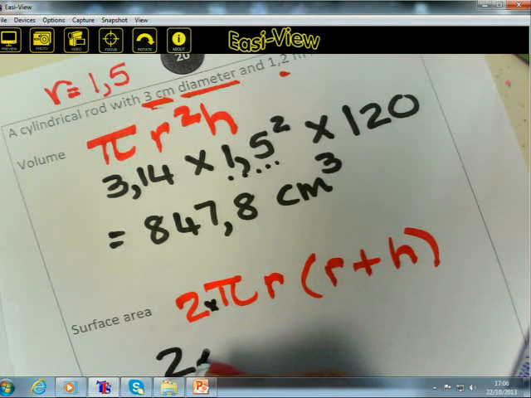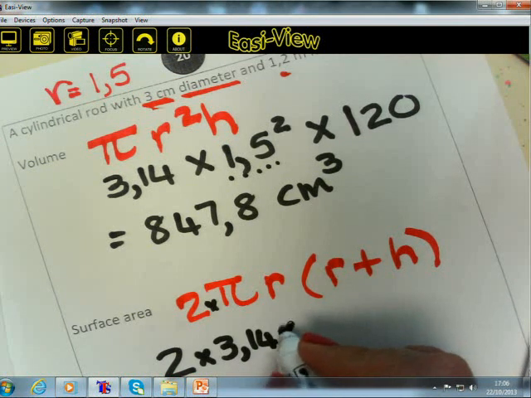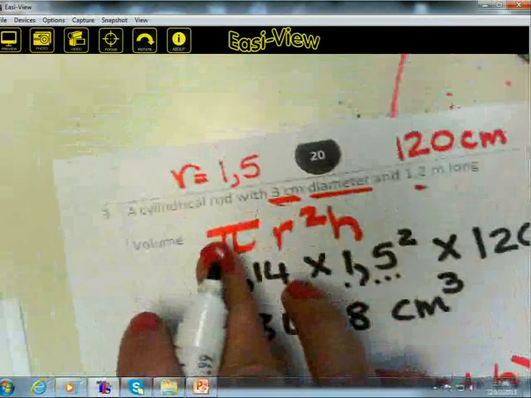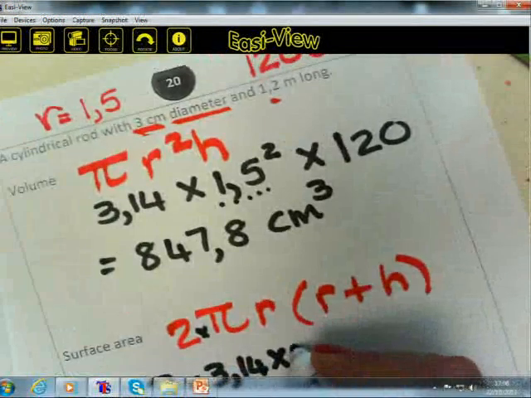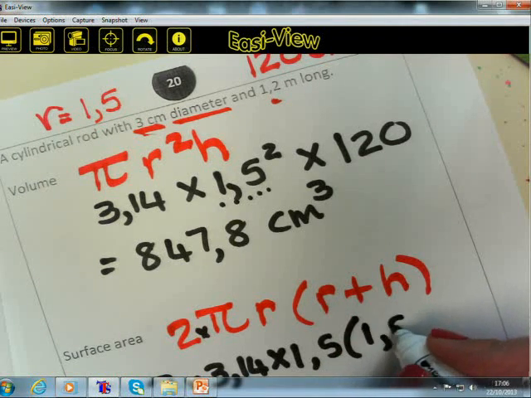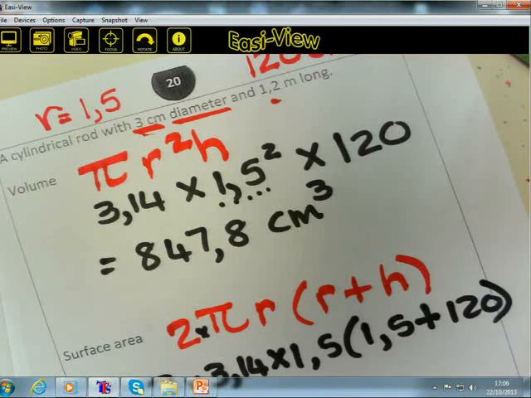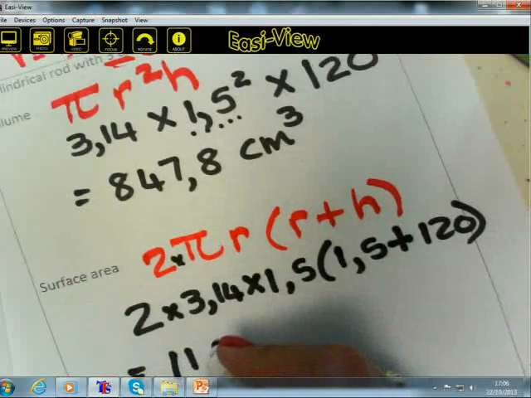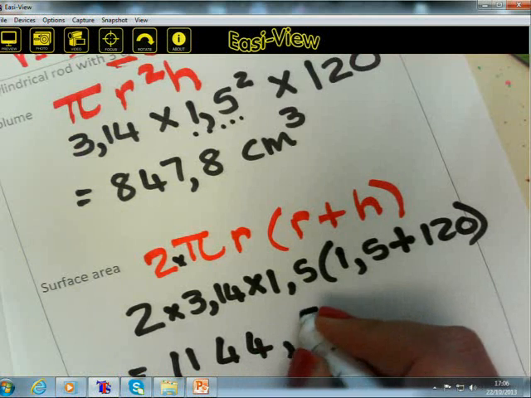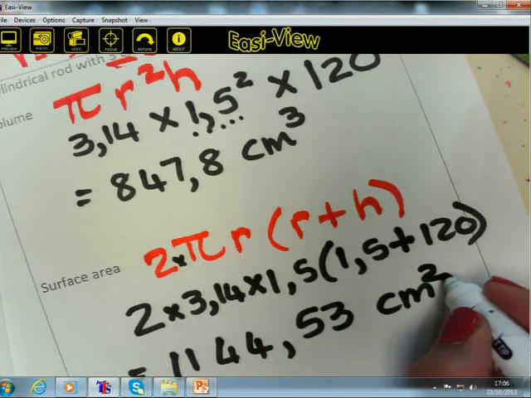So it's 2 times 3,14, kissing the radius, which, if you can remember, is 1,5, bracket, radius again, 1,5 plus 120, and you read it into your calculator exactly like that. The answer will be 1144,53 centimeters to the power of 2.